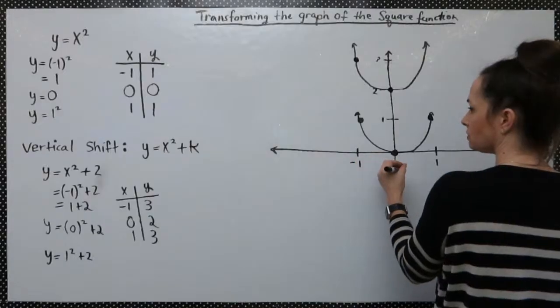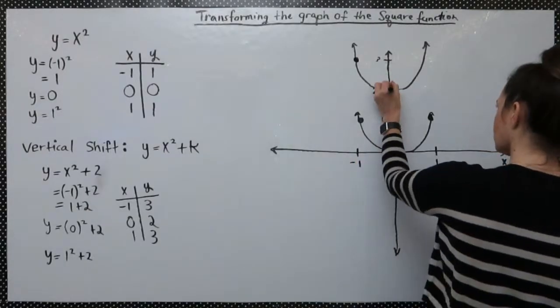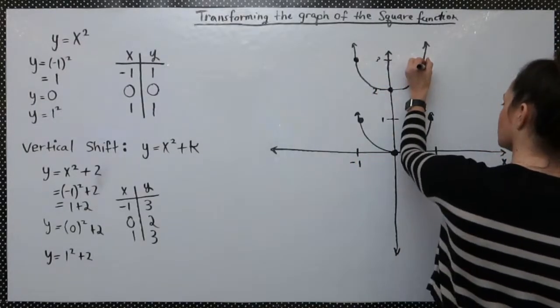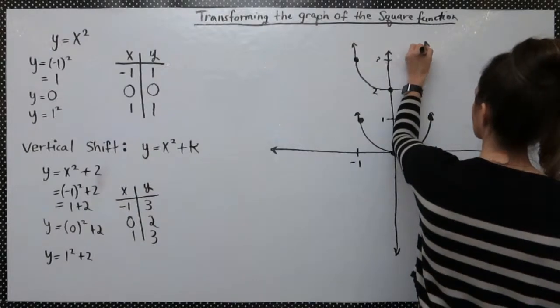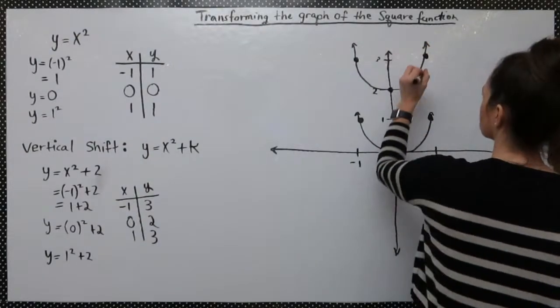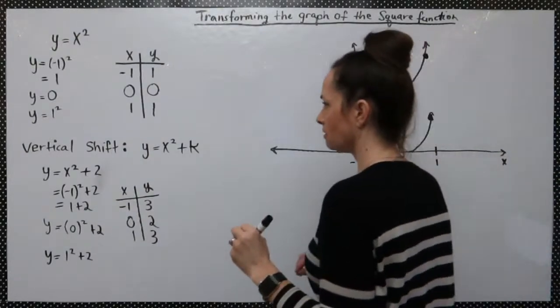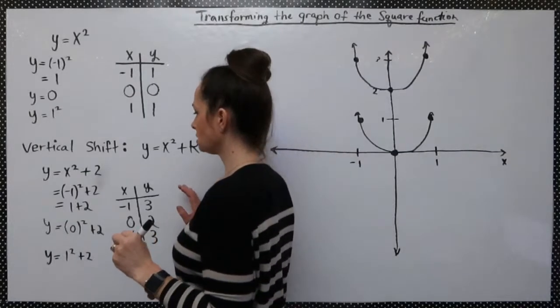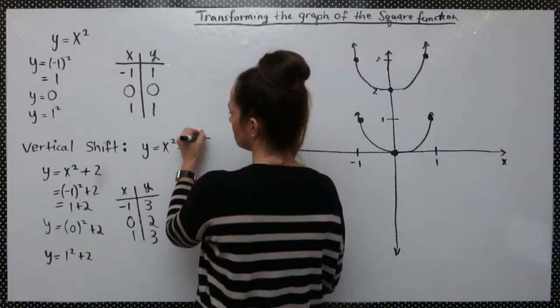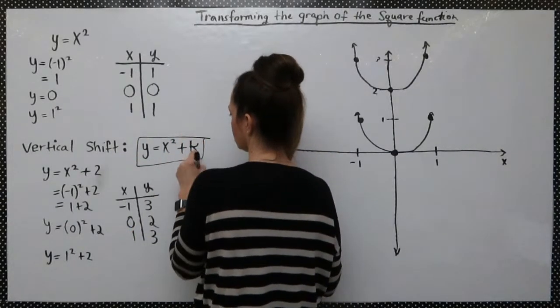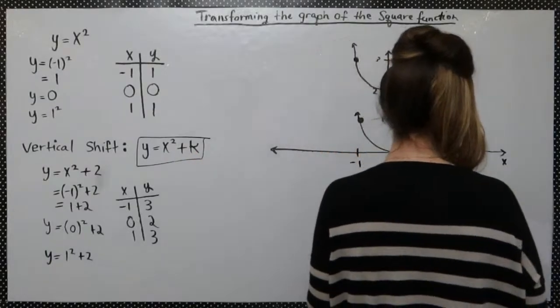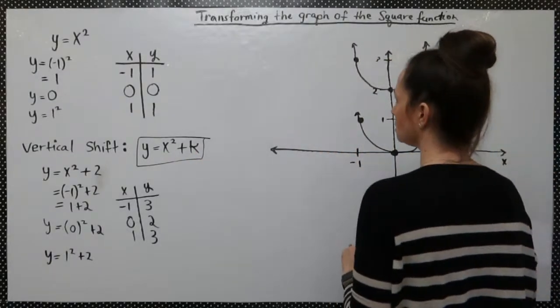So 0, 0 is not on there. It's 0, 2 now. And then 1, 3 is also on there. So we've got the vertical shift. And so what it's doing is it's affecting the k. There's a k constant, and it's at the end of the equation.